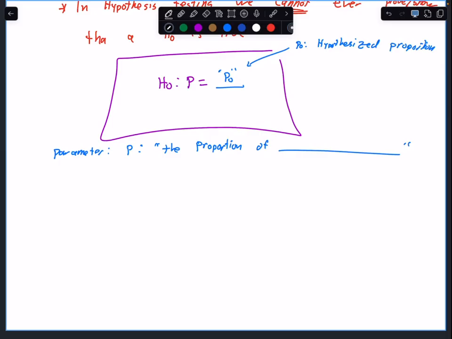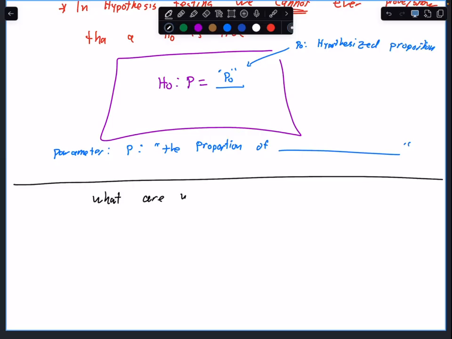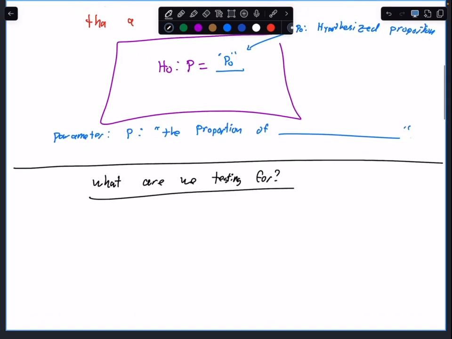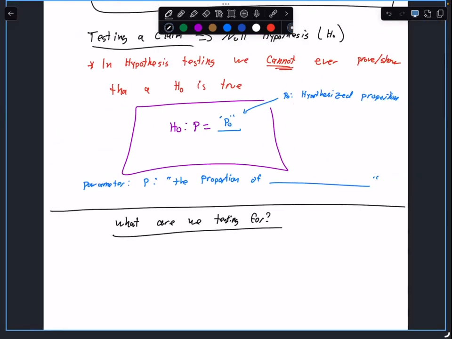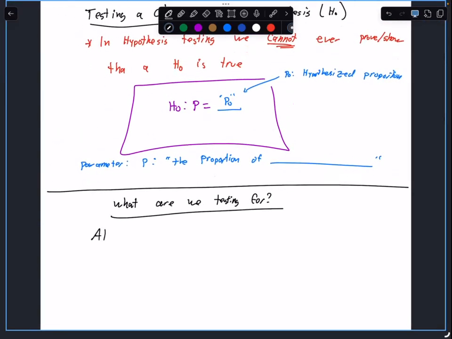So if we are not trying to show that the null hypothesis is true, what are we testing for? What is it that we're trying to find evidence of? Well, this is known as the alternative hypothesis, which is HA.